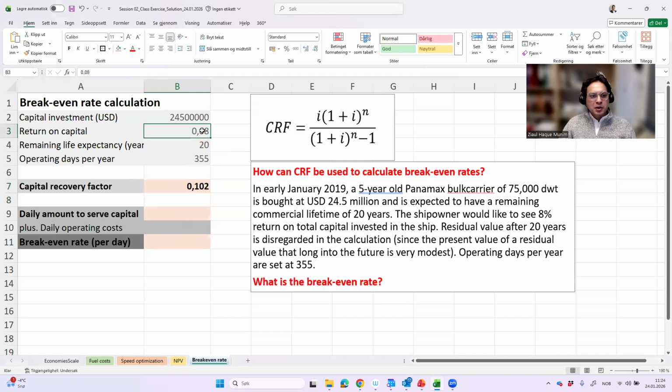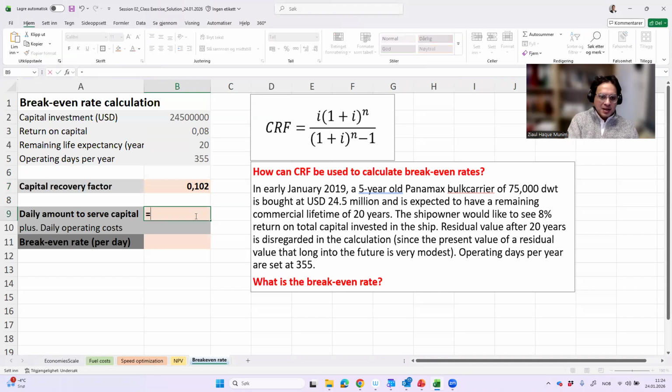So here you see, if we're expecting a return on capital of 8%, we need to make about 10.2%. Okay. So now the daily amount to serve the capital would be: you have your investment value, then you multiply this with your capital recovery factor, and then divide by the number of days.